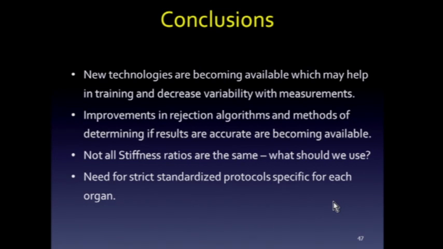And what should we use? Is there a way of relating these, or getting vendors to provide us information that would be the same across vendors? I think we really need to have strict standard protocols for each organ to limit the variability of our measurements, not only within the lab, but between systems and across the world, so that we all get similar results that can be compared.